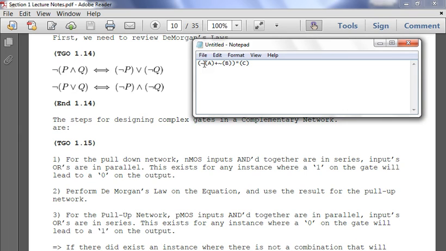So now that's our equivalent circuit. And then we use rule 3 for the pull-up networks. pMOS inputs that are ANDed together are in parallel, so it's the exact opposite, and the ORs are in series. It's going to be the exact opposite of how that works.